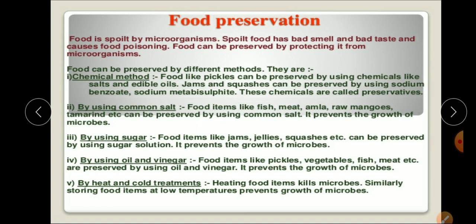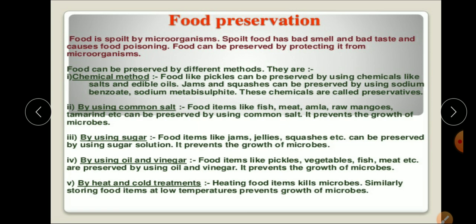If the food is not properly cooked, or it is spoiled, or it is leftover food, and some microorganisms take place in such types of foods, then when we consume it, it can spoil our health.